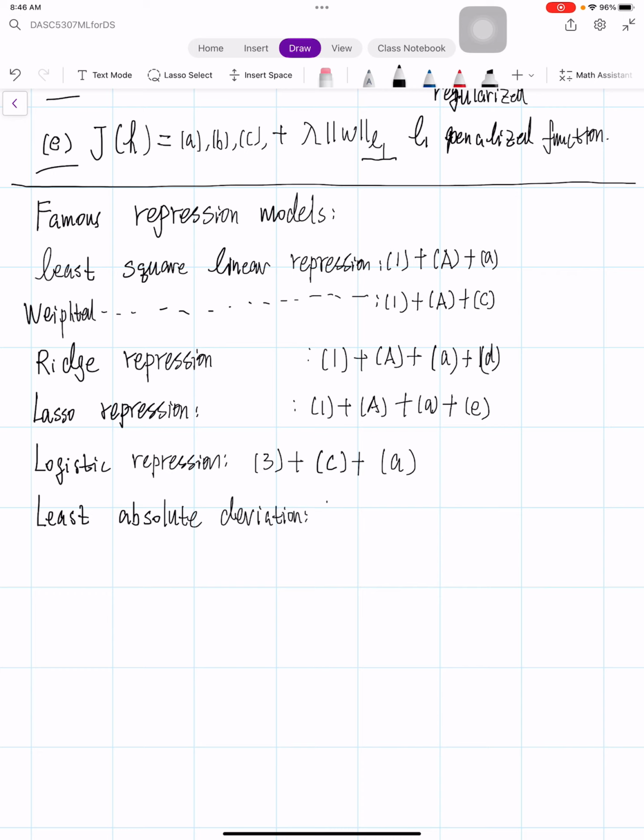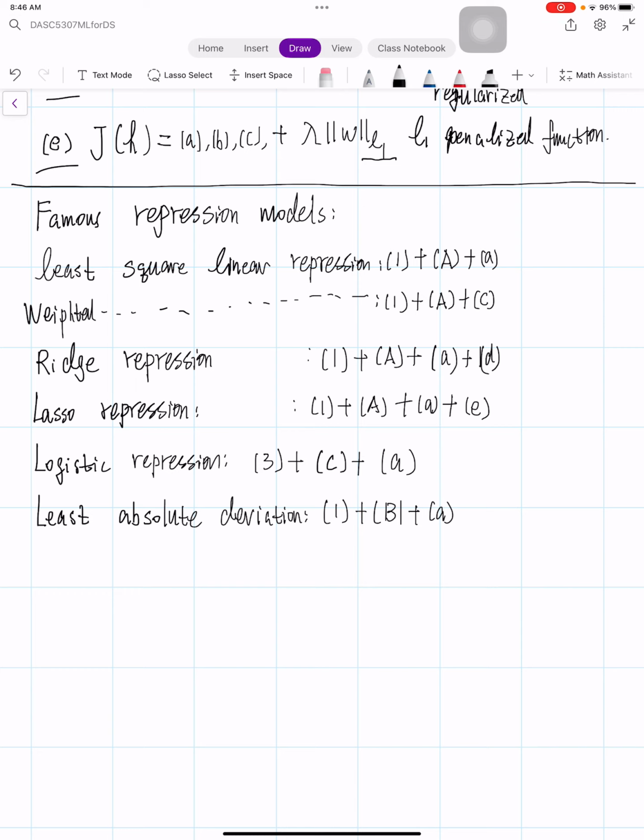You have the linear function plus the absolute value loss plus average loss. This is called the least absolute deviation.